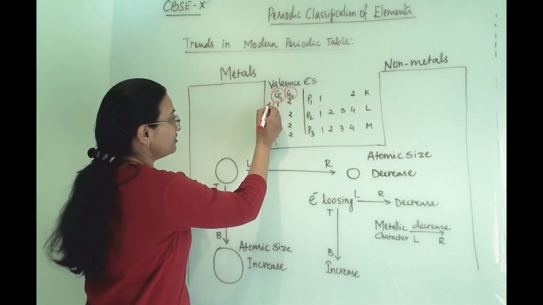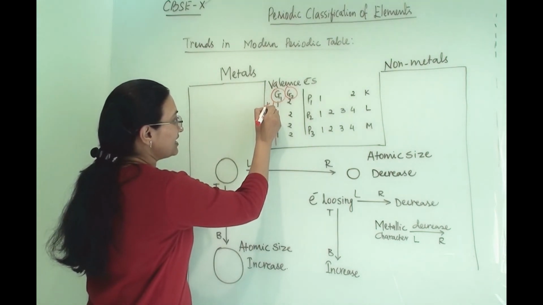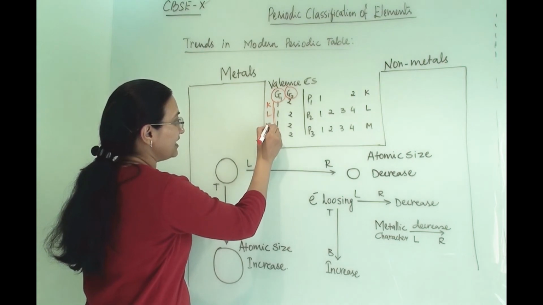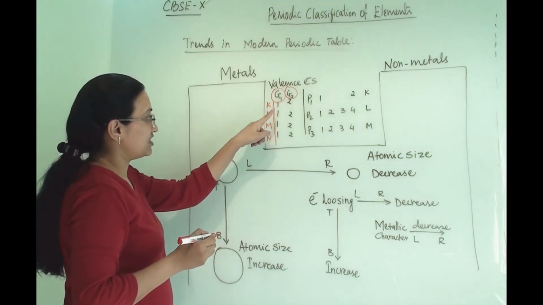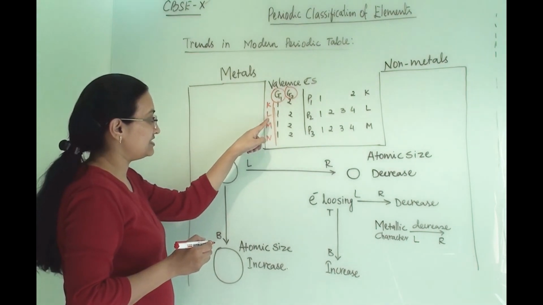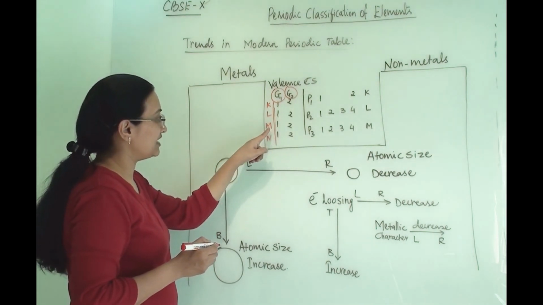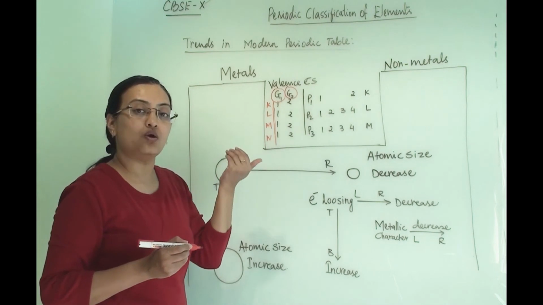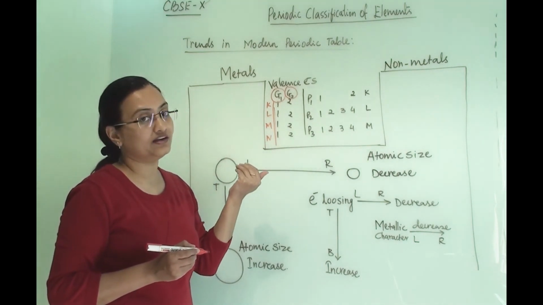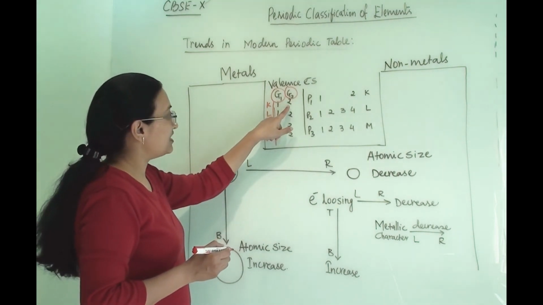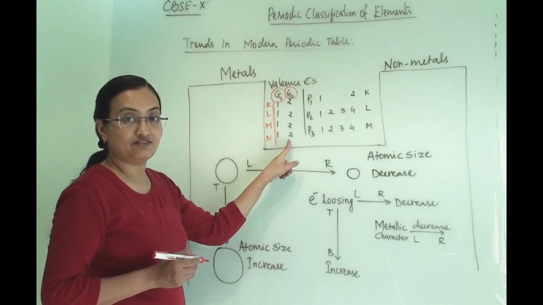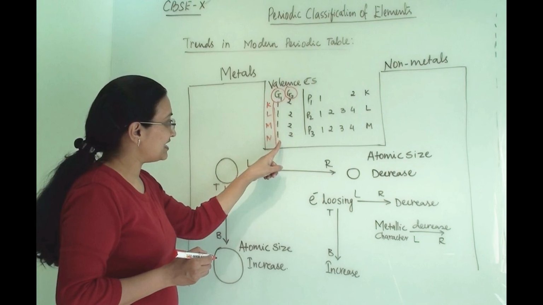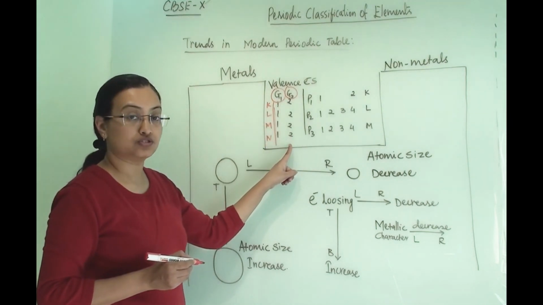So here in the first period it will be K, then L, then M and N. So this one electron is in the K shell, this one electron is in the L shell, and this one electron in the M shell, and inside all the orbitals are completely filled. Similarly for group 2, 2 electrons will be there in their valence shell. So valence electron will remain the same across the group.